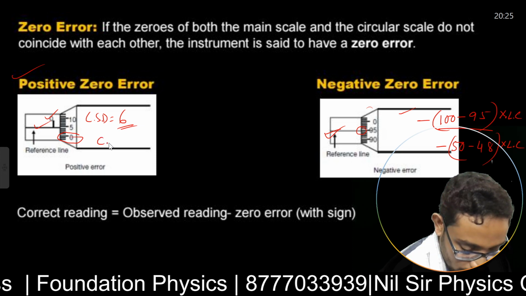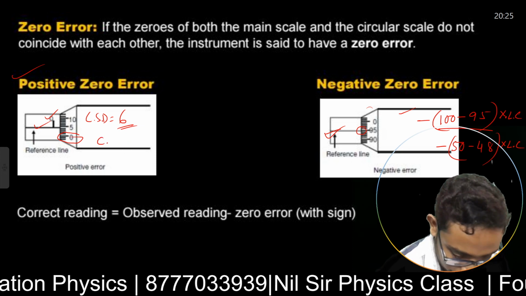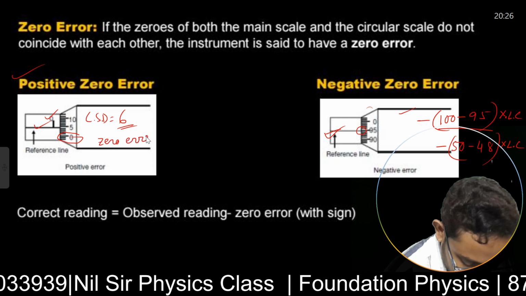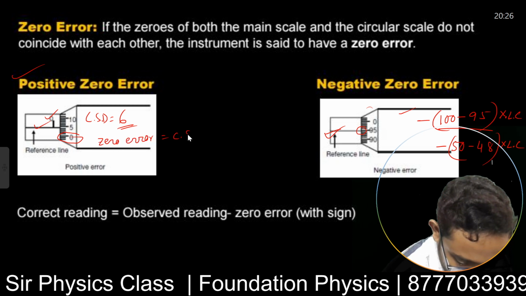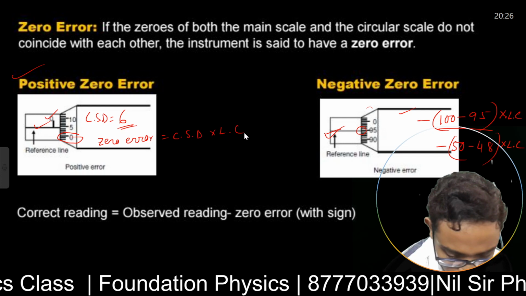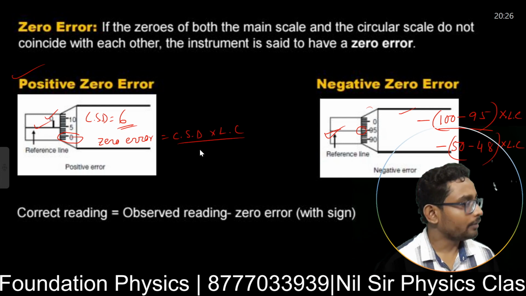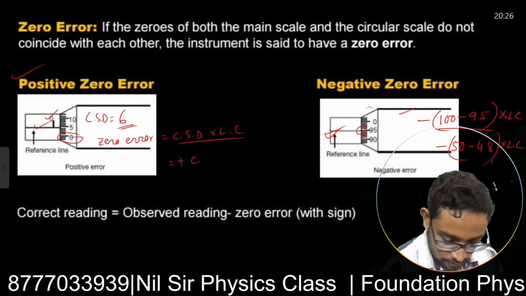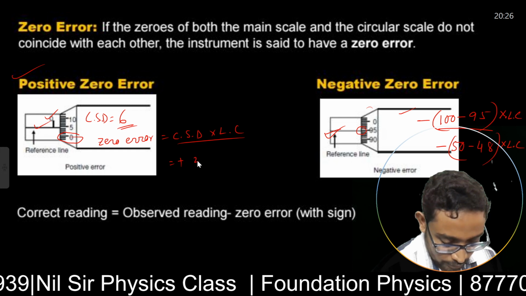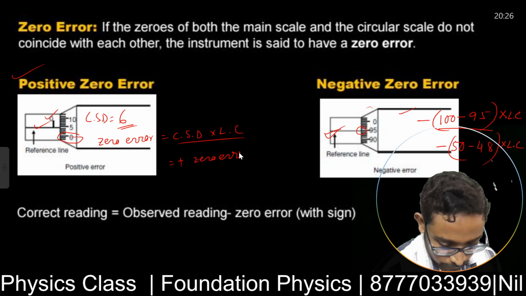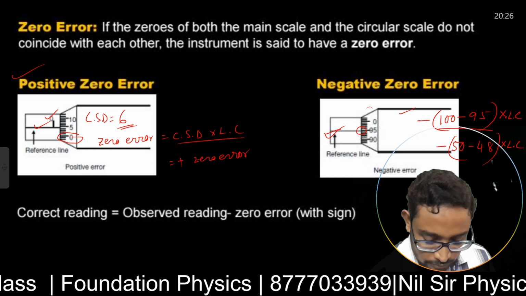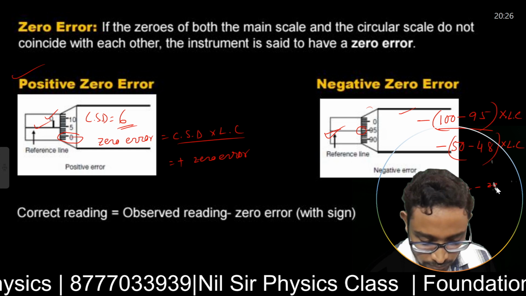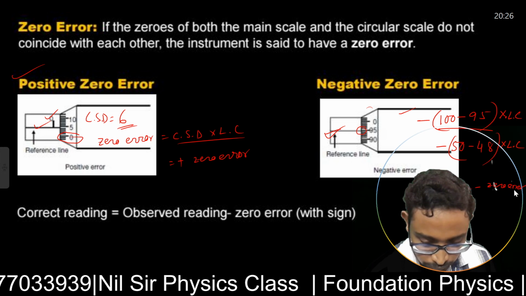So the circular scale reading, sorry, zero error here equals the circular scale division, right? So we will put plus here circular scale reading plus zero error. So here minus, right?